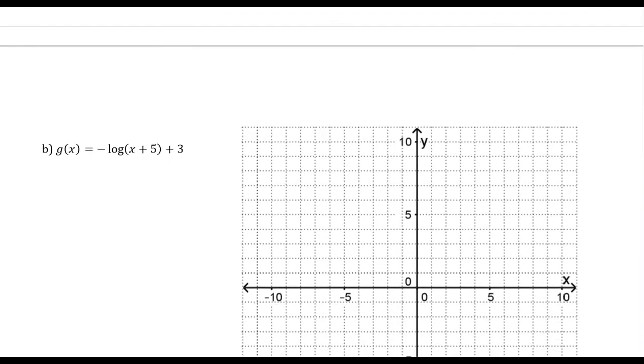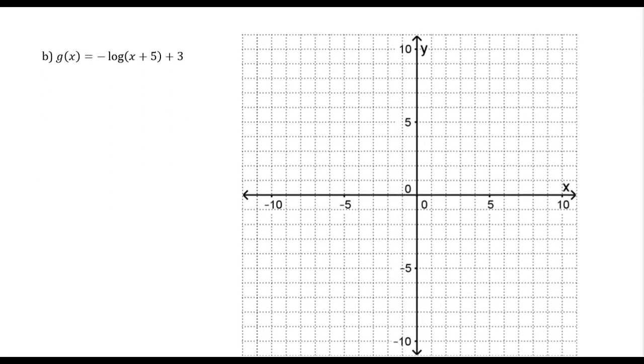Let's take a look at one more. So this one again has a horizontal shift, a vertical shift, but it also has a reflection. Let's graph our parent graph and the transformations.